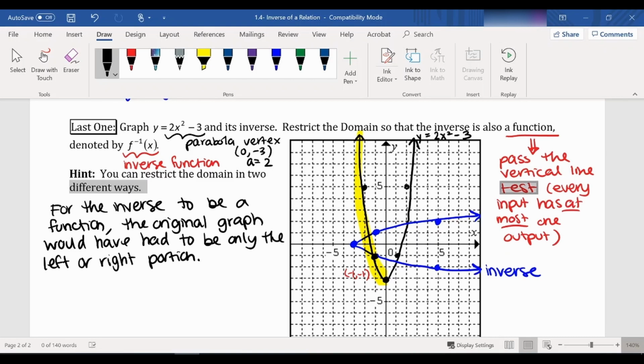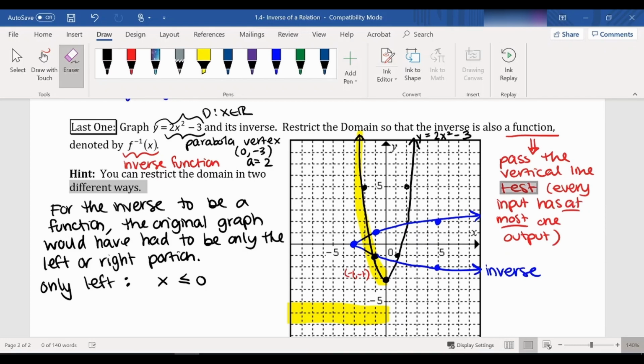Okay. The domain of this original function is all real numbers, right? Domain of a parabola, I'm allowed to go left and right forever. The problem here is we either want to go only to the left or only to the right. So only left would have been only these values here, which would have been if x was less than or equal to 0.